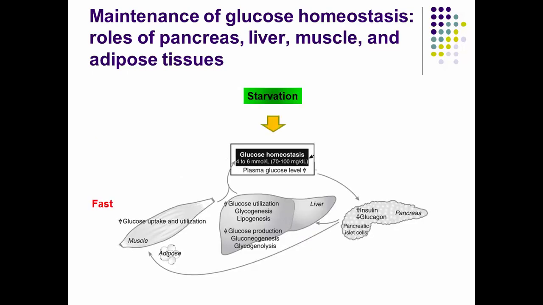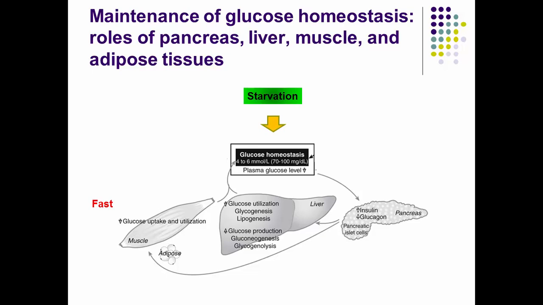And then starvation. In starvation, the opposite condition, we have a lower blood glucose level, which leads to less insulin release and more glucagon release, right? And this will also reduce the glucose uptake by muscle and adipose tissue, and also reduce the glucose uptake by the liver. So you have less glucose being taken up.